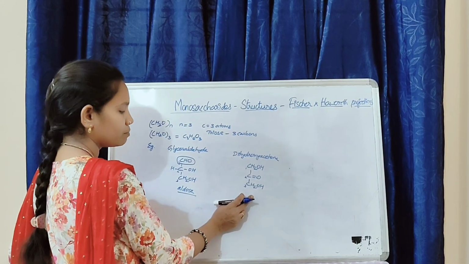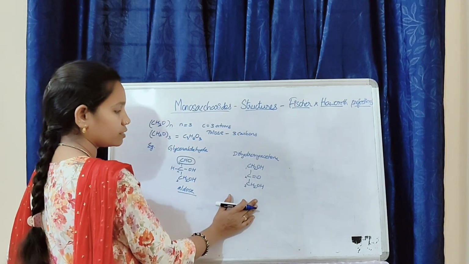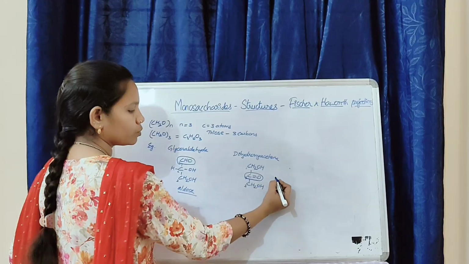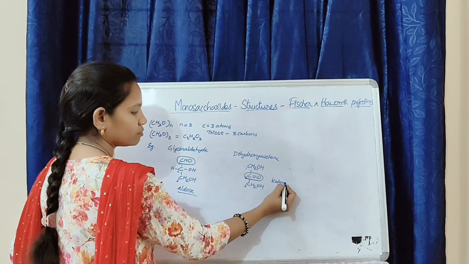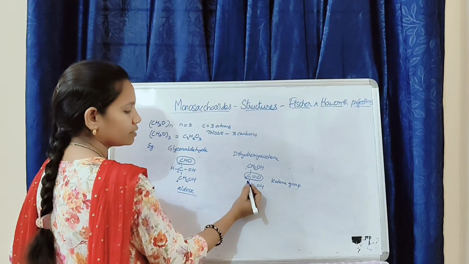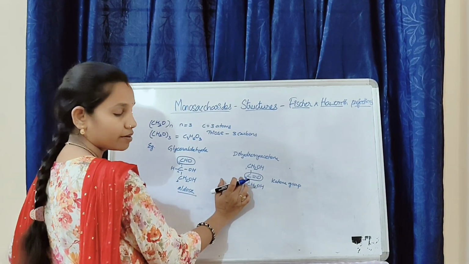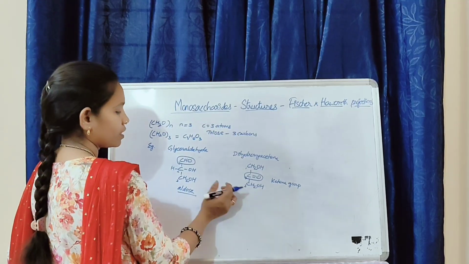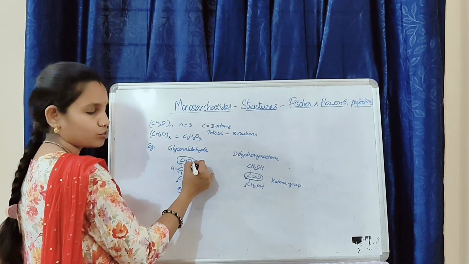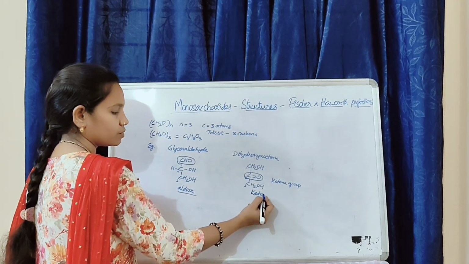Okay, but there is a difference between glyceraldehyde and dihydroxyacetone, because here the carbonyl group is ketone. We have already discussed, right? If the carbonyl group is ketone, then it is present at second carbon atom. If the carbonyl group is aldehyde, then it is present at endmost, means first carbon atom. Now it is an example for ketose.